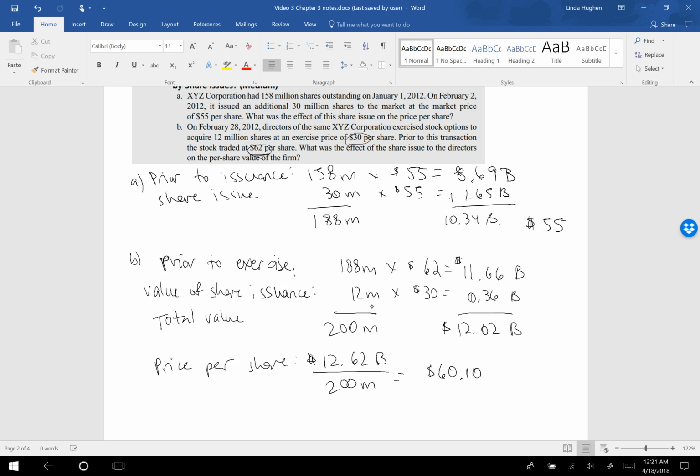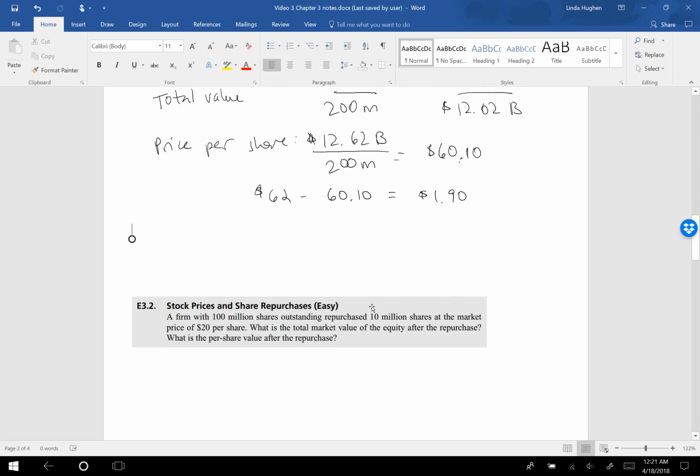So we can see that the shareholders that held the shares prior to the exercise are now worse off. They've lost $1.90, previous price minus the new price. They've lost $1.90 through dilution of these new shares that have been issued.